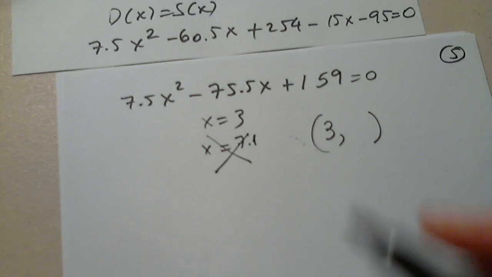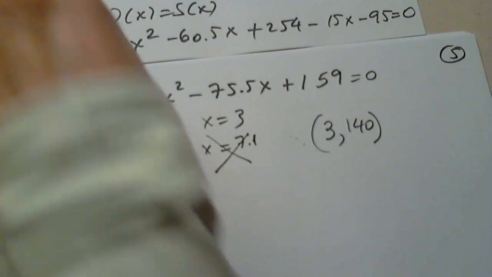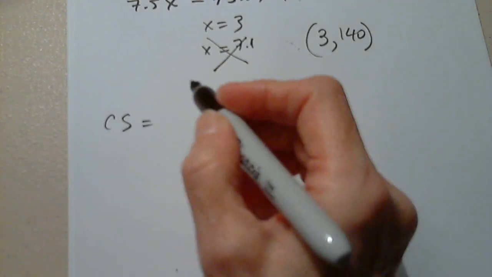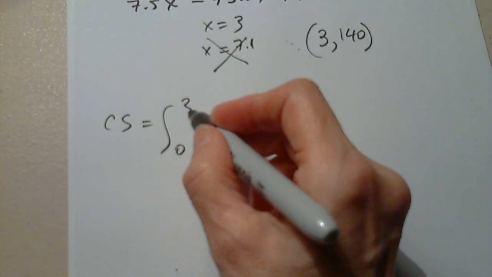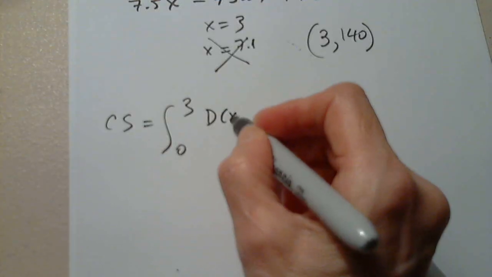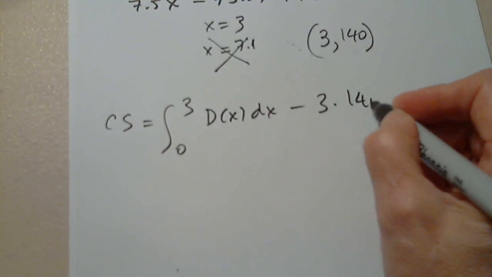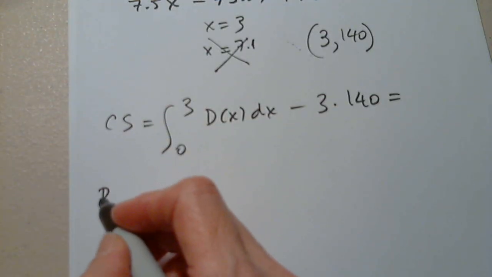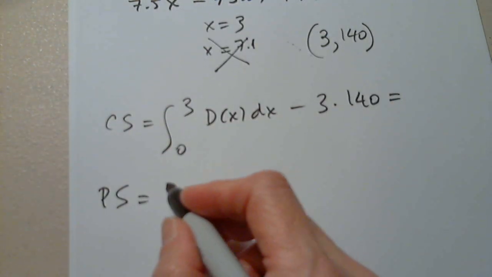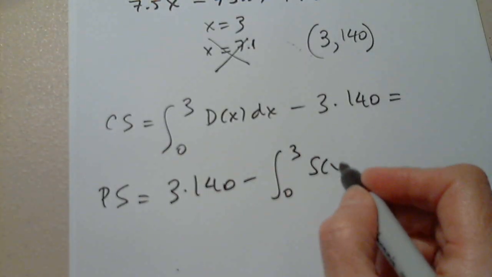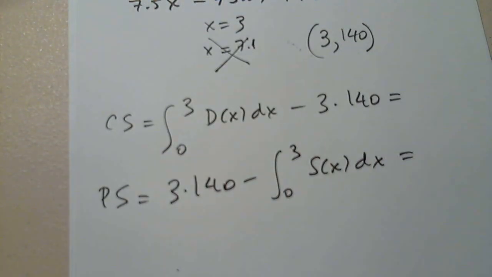Therefore, the consumer surplus will be the integral from 0 to 3 of the demand dx minus this product, and the producer surplus is the same product minus the integral from 0 to 3 of the supply function dx.